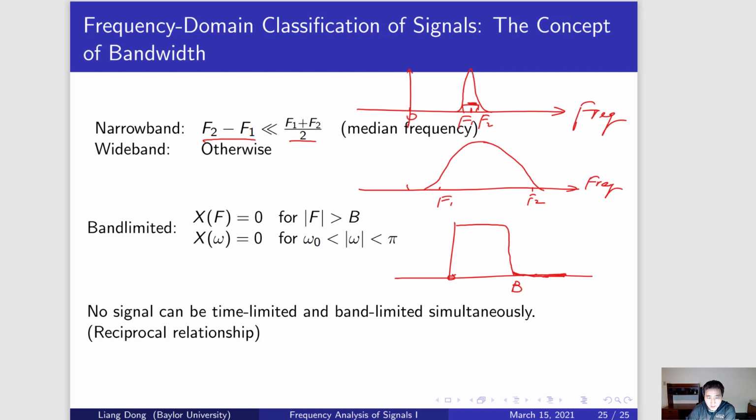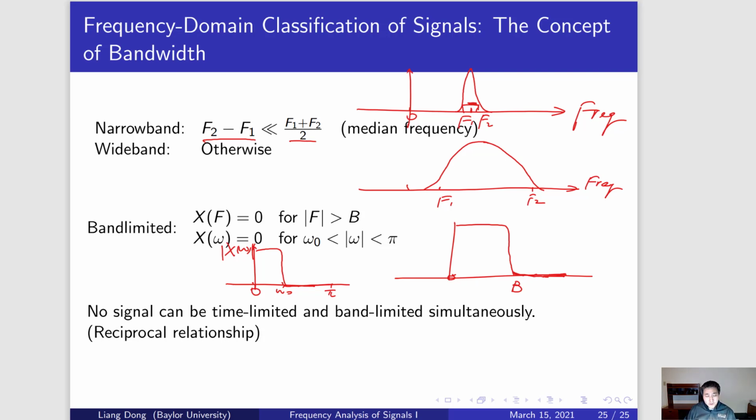Similarly, if I have a signal from omega 0 to pi, which is the higher frequency range, within this range it is 0, and I have a signal from 0 to omega 0 that has a non-zero value of X(omega), I also call the signal a band-limited signal.